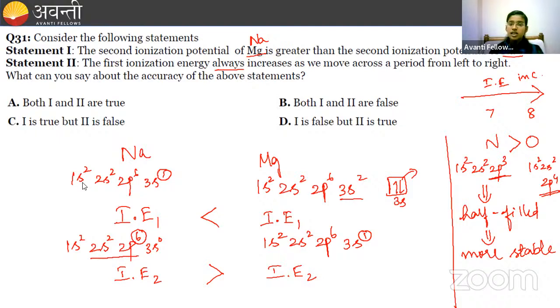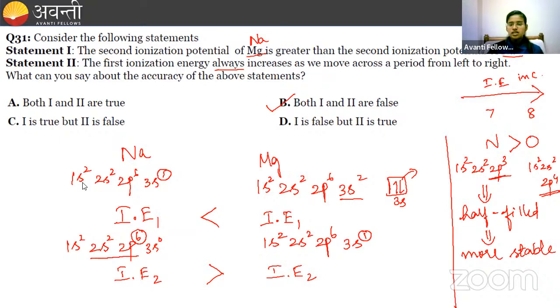It doesn't always increase, but the general trend is that it increases. But there are some exceptional cases in between in the periodic table. So statement 2 is also false. So both 1 and 2 are false, and option B is the correct answer for this question.